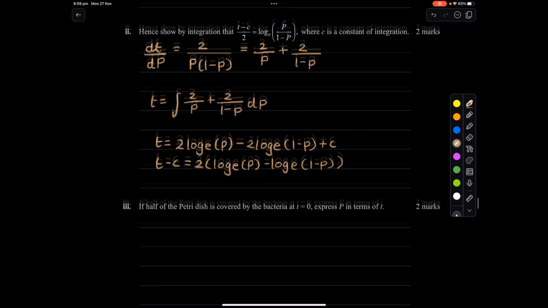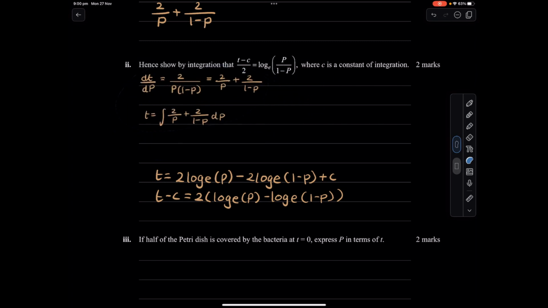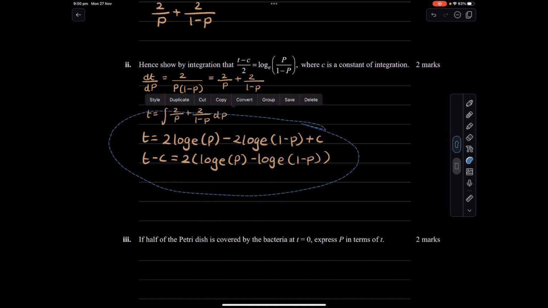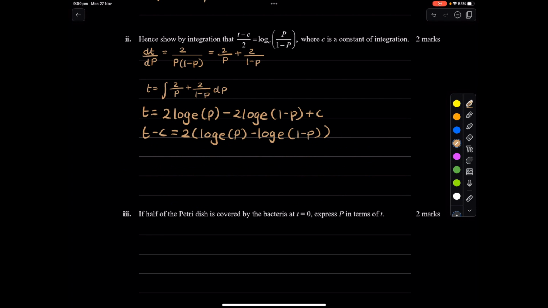Simplifying this further, we get t minus c over 2 equals, by the log laws, log e p over 1 minus p. That's it. And that looks similar to what we want to show.